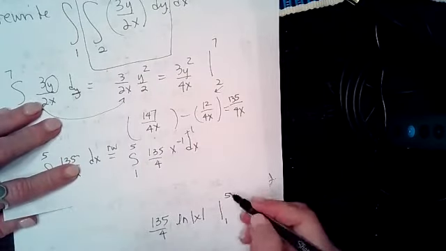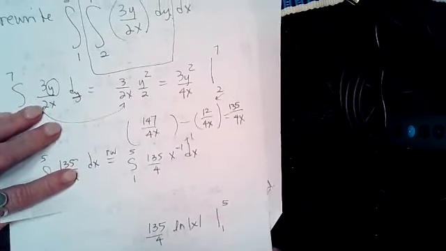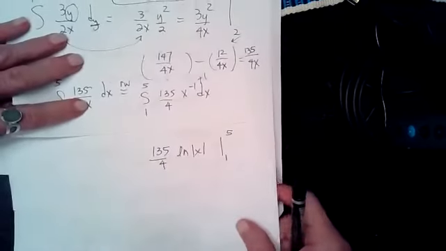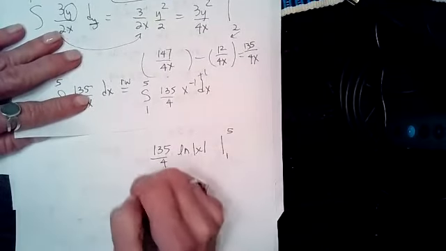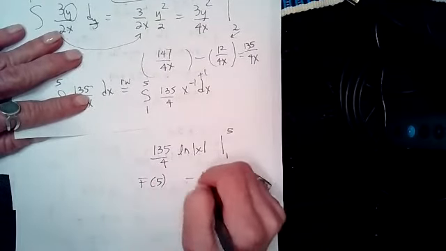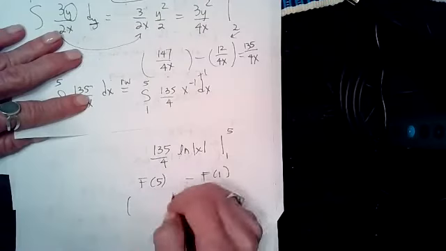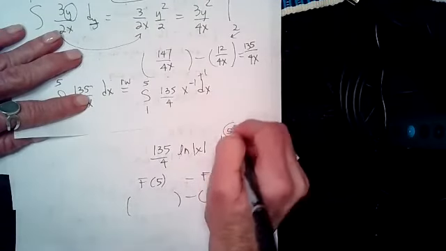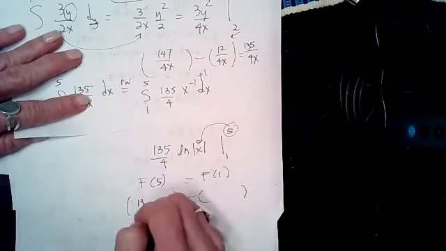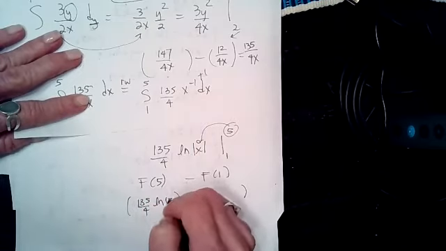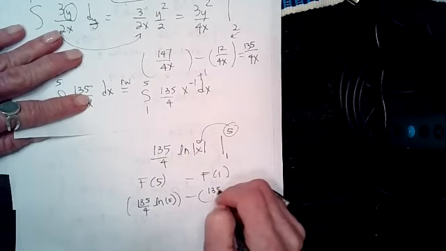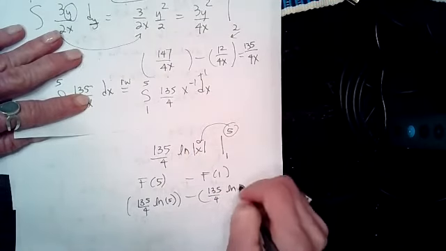And the absolute value of 5 and 1 is just 5 and 1. That's why I kind of let my, what are these things called? Absolute values go. So f of 5 minus f of 1. Remember, they won't take a decimal, so you have to take the 5 and plug it in for x. 135 over 4 ln of 5 minus 135 over 4 ln of 1.